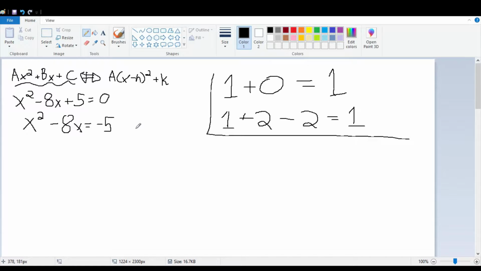Okay, now what you got to do from here is essentially complete the square. And how you complete that square is you take b, the b term, divide it by 2, and you square it. That's going to give you what you need to put into here on this side of this equation to essentially complete the square.